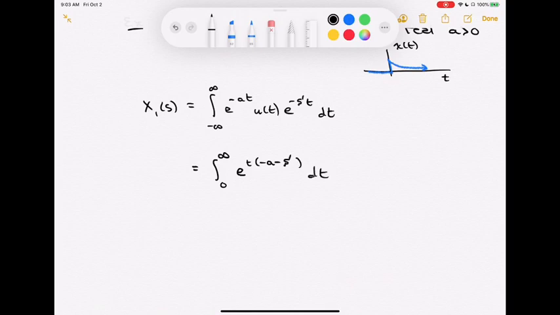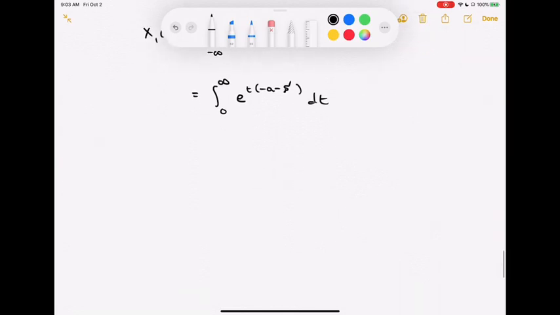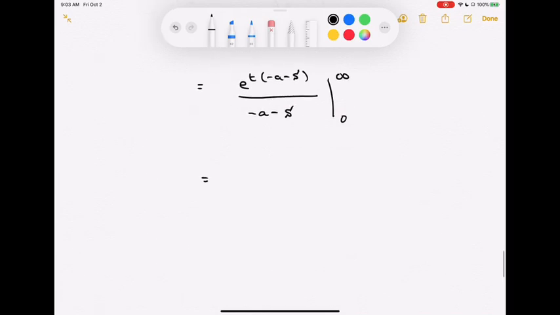This is an integral of an exponential, so we all know how to integrate exponentials. Those are about as easy as they get. We get back out the same exponential, e to the t times minus a minus s, and we divide by minus a minus s. That's just the rules of integration. And we need to do it on the limits 0 to infinity. I'm going to skip the first term for now and go to the second part, evaluating at t equals 0.